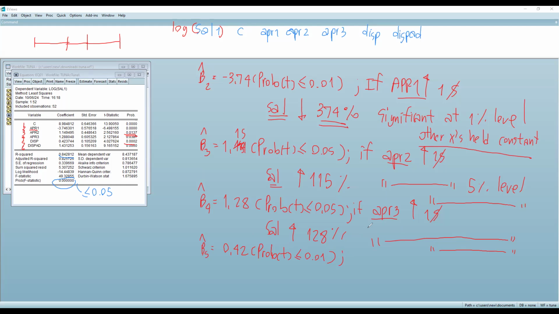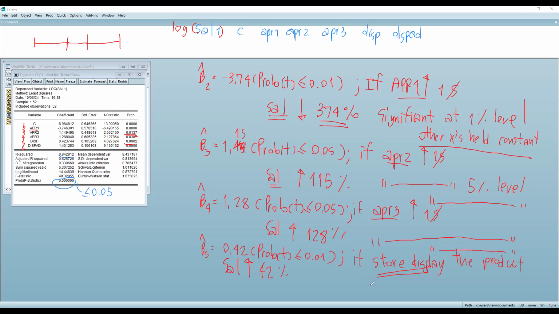If the store displays the product, the sales increase, multiplying by 100 again, 42%.